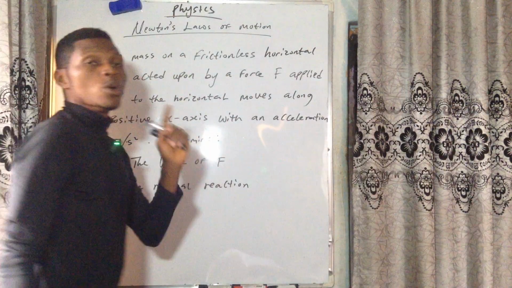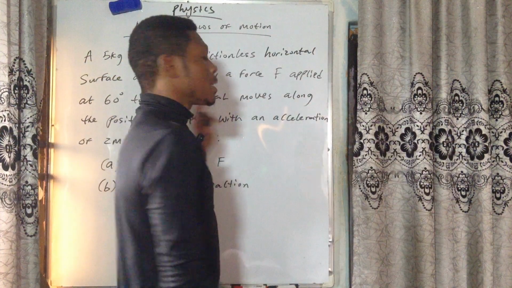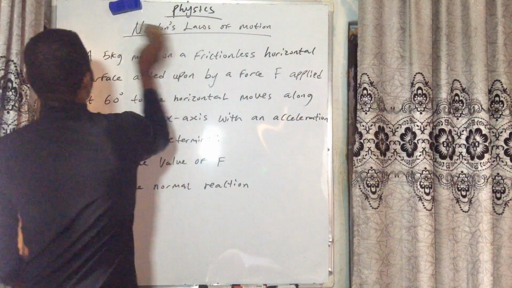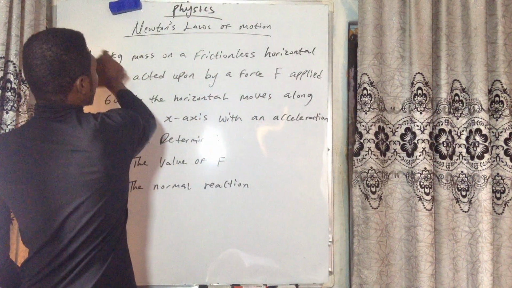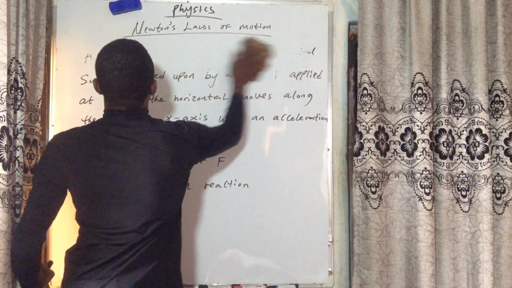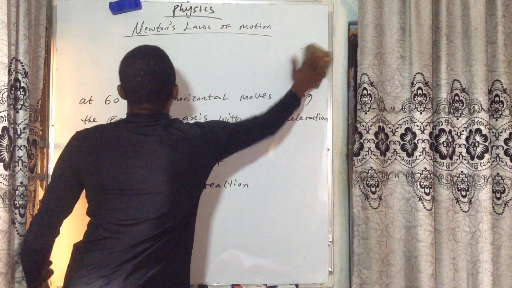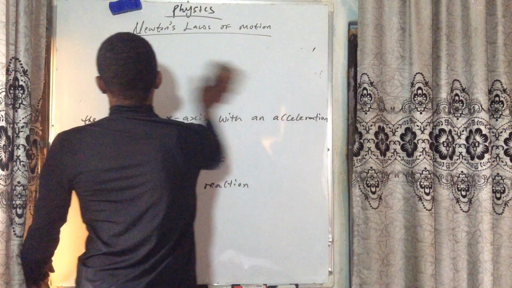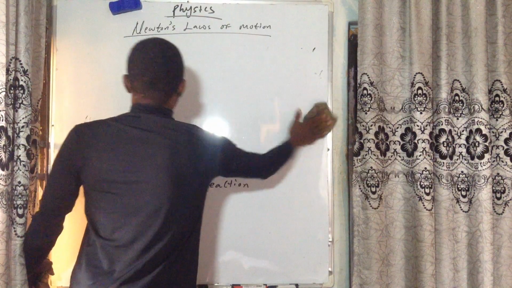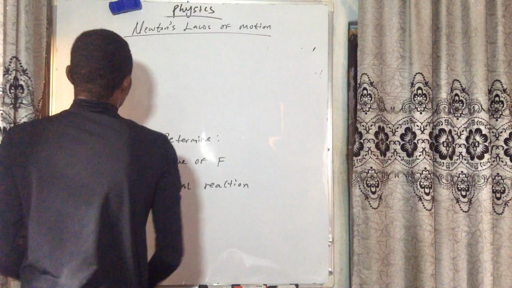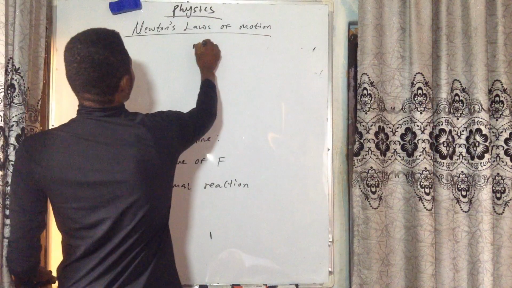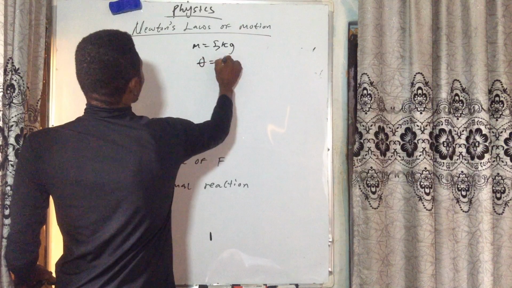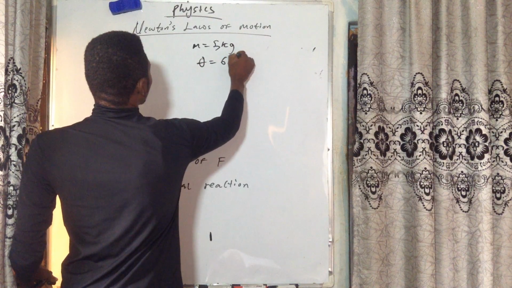First of all, we draw the free body diagram for this question. The mass is 5 kg on a frictionless horizontal surface. Theta is equal to 60 degrees to the horizontal.